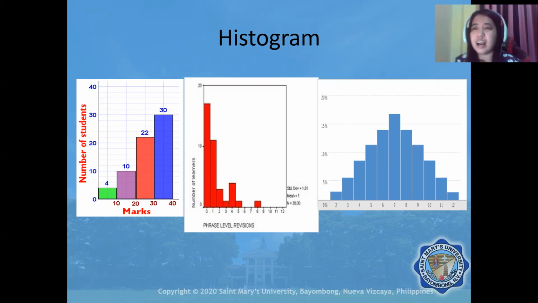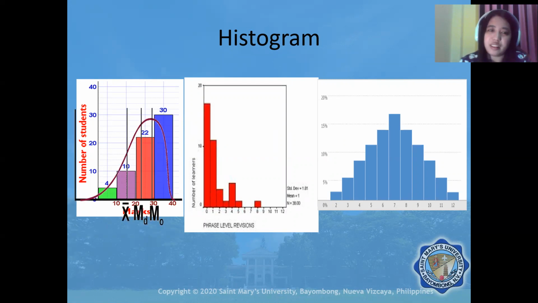Okay, so aside from that, in determining the shape, not only by mentioning that it is rectangular shape or unimodal and all other shapes, we can also use a curve to determine whether it is normal or not. So just like our first figure, if we are going to draw a curve, it will look like this.